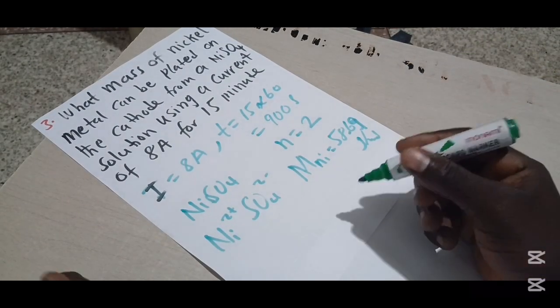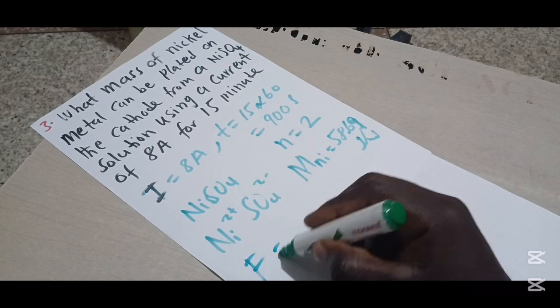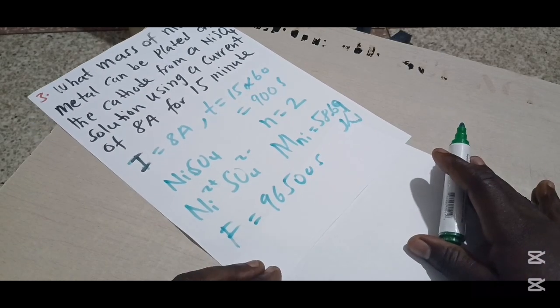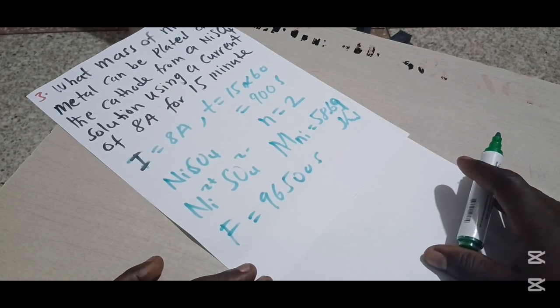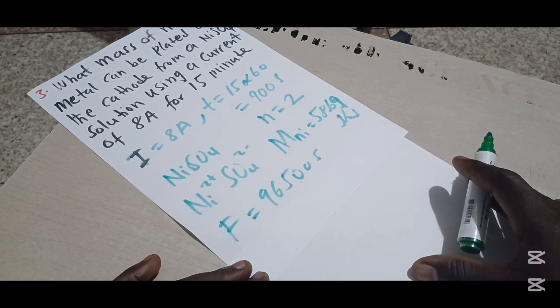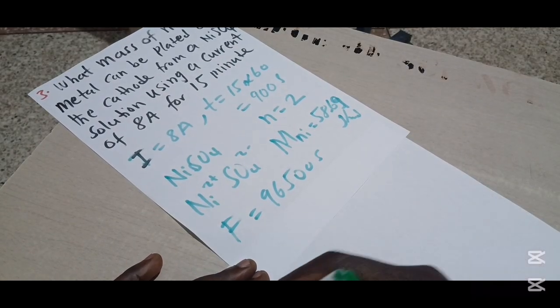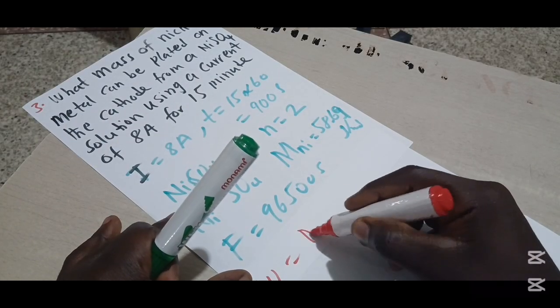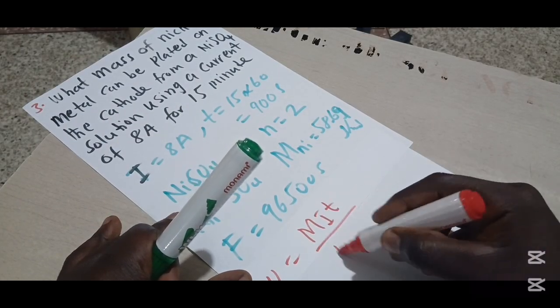So now for Faraday's constant, we know it already to be 96500. But then what formula are we going to use? As far as we are dealing with mass, looking at the parameters, this formula right here will help: W equals MIt over nF.